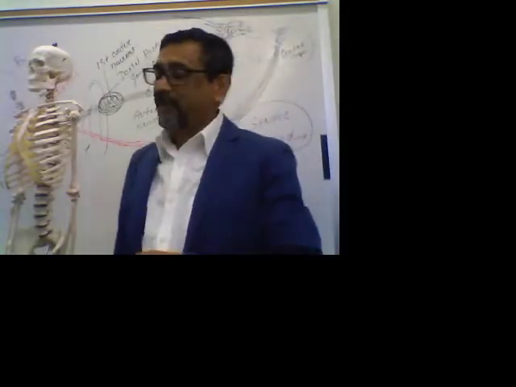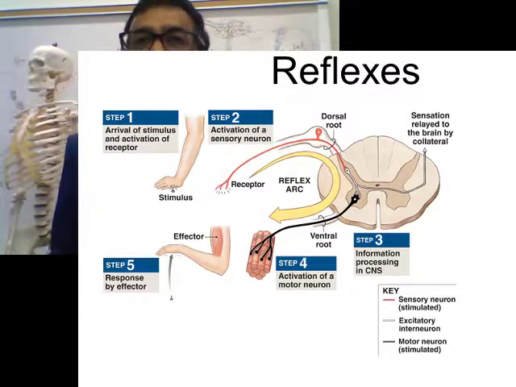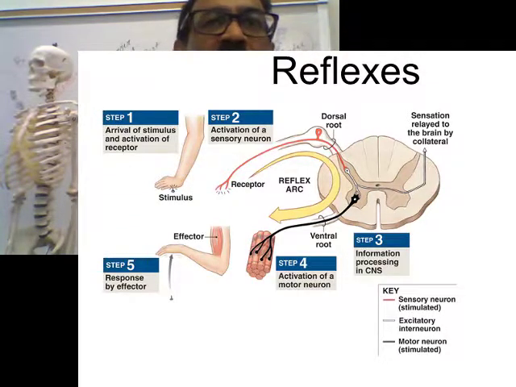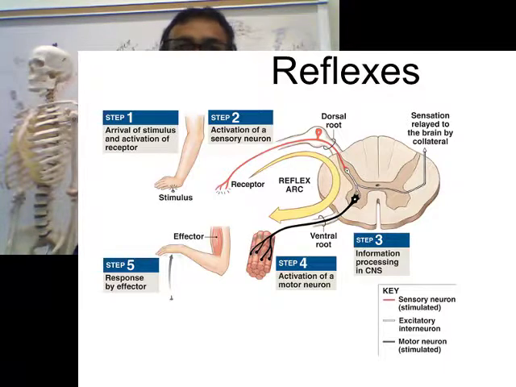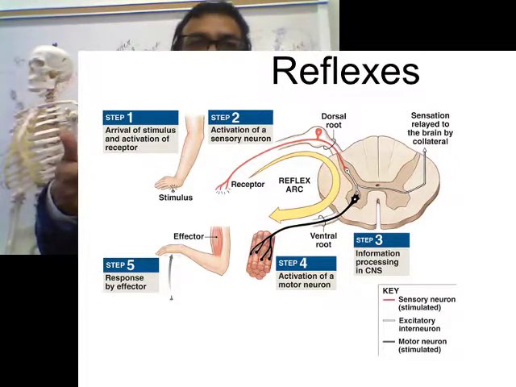The reflex I have already explained, just repeating. Reflex is an involuntary response. Involuntary, right? So, an involuntary response due to a stimulus, and that response must be rapid, quick, right?